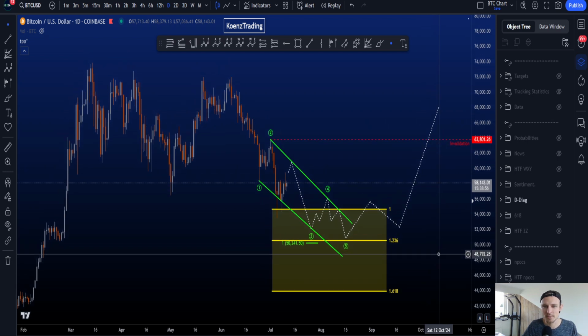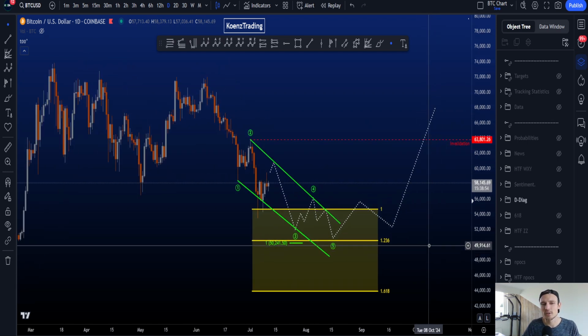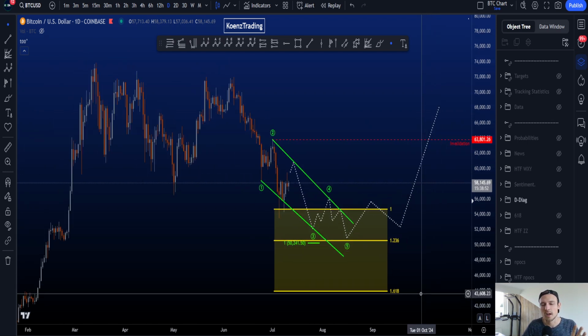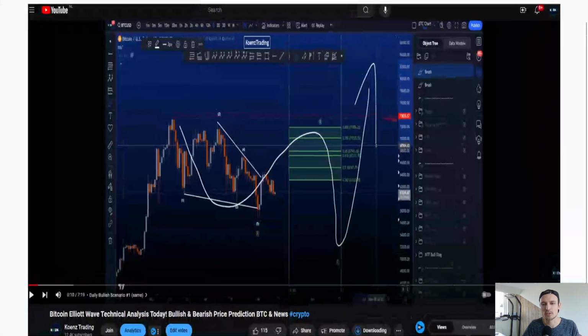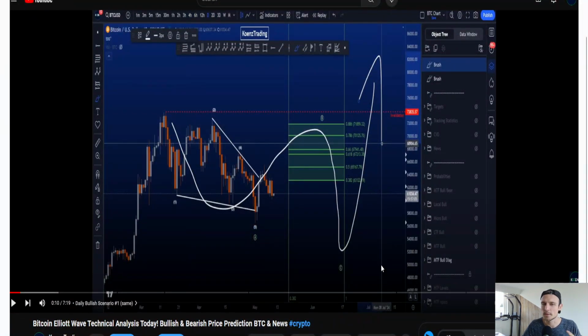Now, from a sentiment perspective, this scenario is incredibly interesting. I love to think about psychology, and one of the things that I spoke about many times was this zigzag structure A, B, C because of the psychology.